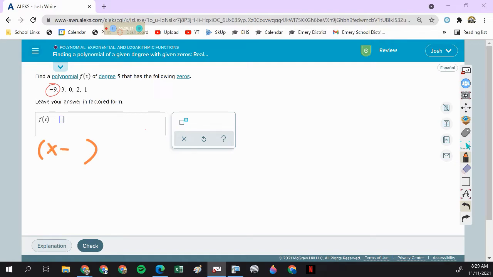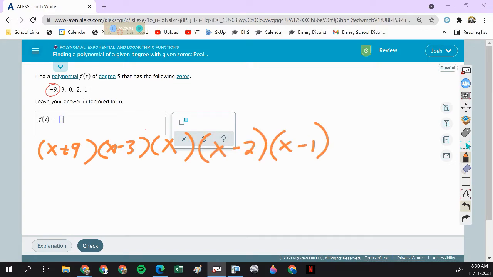X plus 9. And the next one, x minus 3. Ooh, what about 0? We could say x plus 0, or that's also known as x. So x minus 2, and then x minus 1.